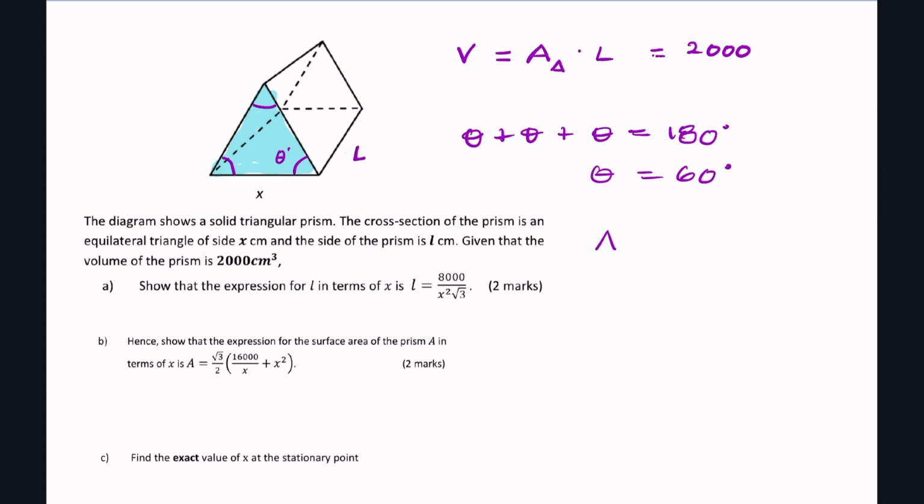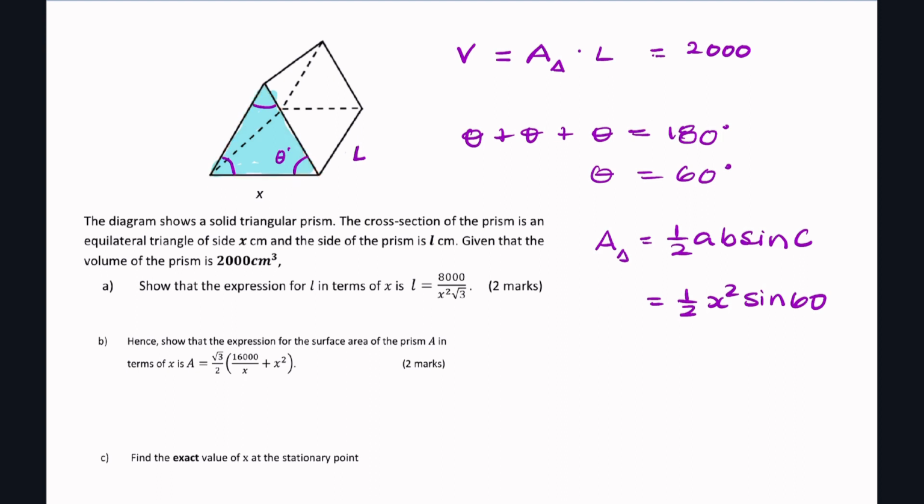And the area of a triangle, remember, is half AB sine C. So in this case, it would be half x squared sine 60, because each of these sides is x. So we've got x, x, and x.